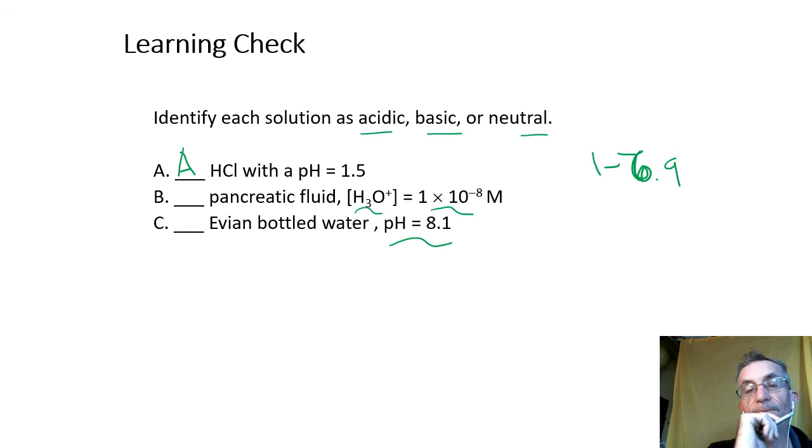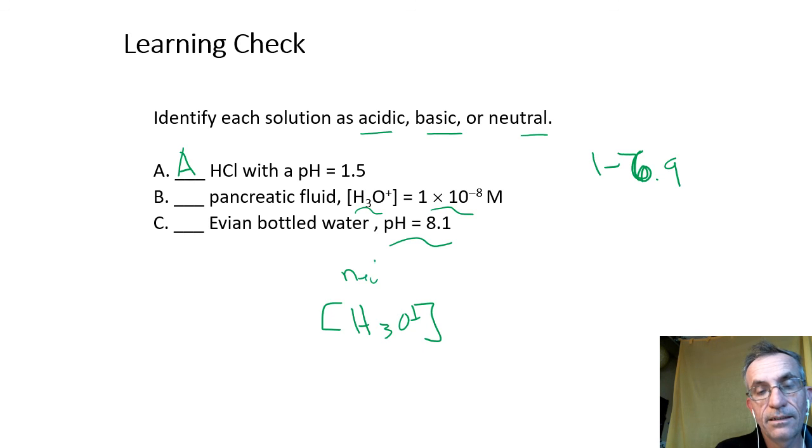All right. Number B, pancreatic fluid. The amount of hydronium ions in pancreatic fluid is 1 × 10⁻⁸. What is that telling you? Acidic, basic, or neutral? Well, how do you figure that out? One way, and this was actually in the last part, is that the amount of hydronium ion in neutral water is 1 × 10⁻⁷.